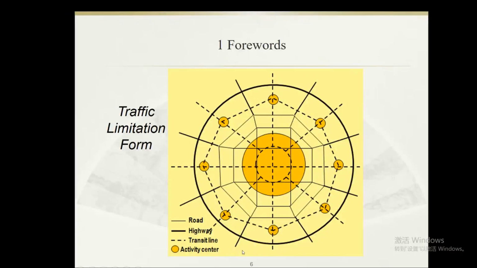Park and ride means, first, this city has the urban land use type of traffic limitation. Without the traffic limitation urban form, you cannot have park and ride. Do you understand?